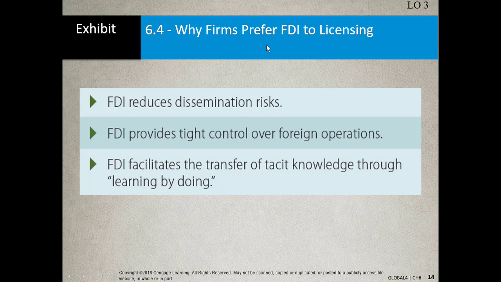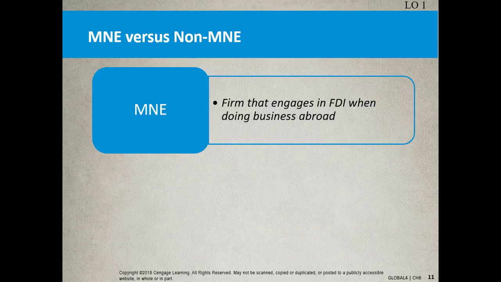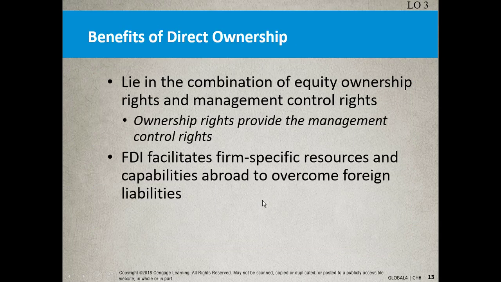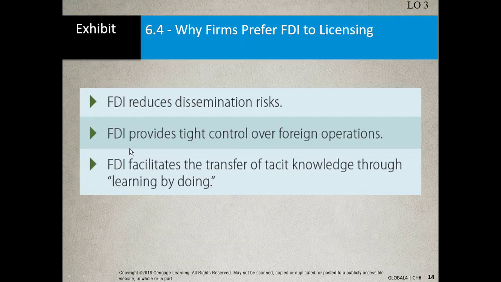Now, why do firms prefer FDI to licensing? Now it's getting really interesting, right? If we go back, licensing is a non-MNE, right? And so now we're asking the question, FDI as opposed to licensing? Well, the first one is dissemination risk.